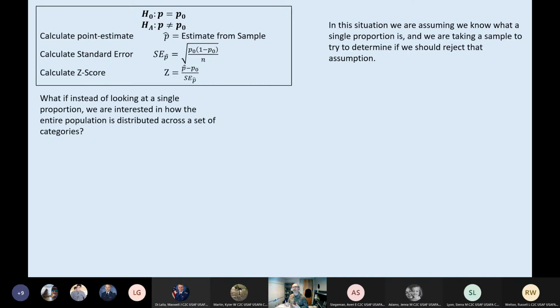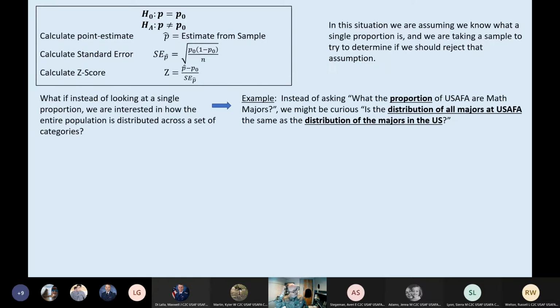But today, what if instead of looking at a single proportion, we were interested in how the entire population is distributed across a set of categories? With majors, instead of asking what proportion of USAFA are math majors, we could ask: is the distribution of all majors at USAFA the same as the distribution of majors in the US?